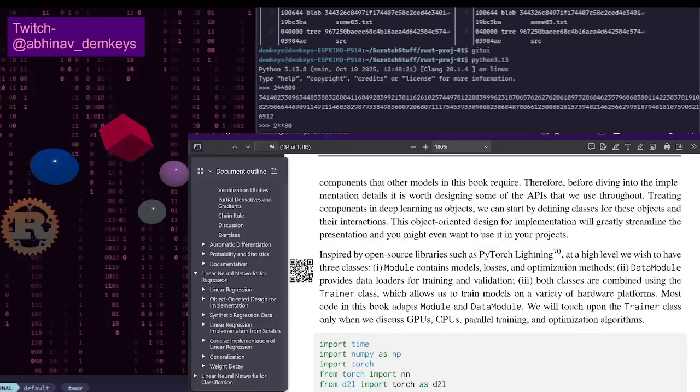I have the entire thing open here. I can just copy this entire thing, dude. What am I doing? Yeah, I have the thing open right here. Let me just copy this.